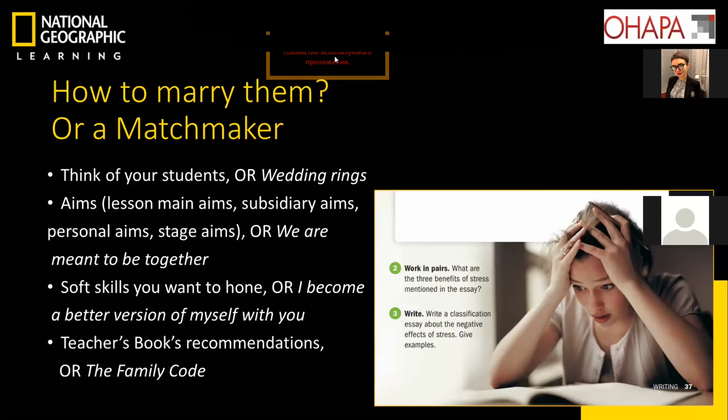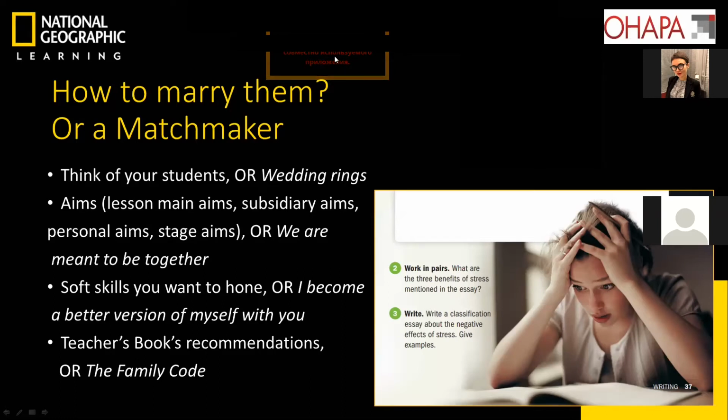So the family code or the holy Bible of the lesson, whatever we call it. Anyway, it's really very important. It's impossible to underestimate the importance of the teacher's book. Very often, you can see some suggested, some ready-made ideas in the teacher's book, or you may be provided with options to choose from.